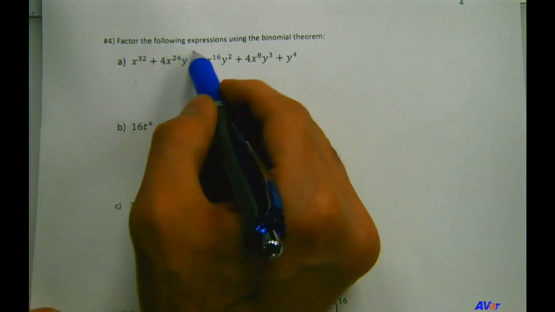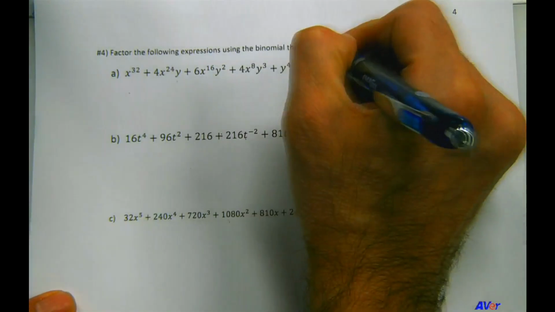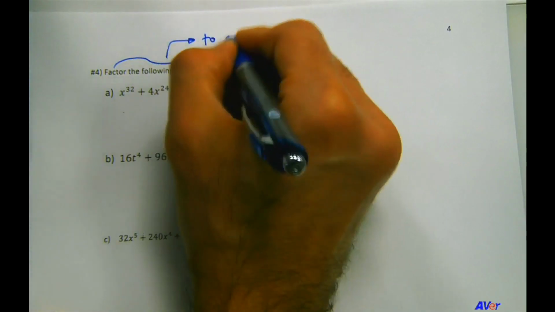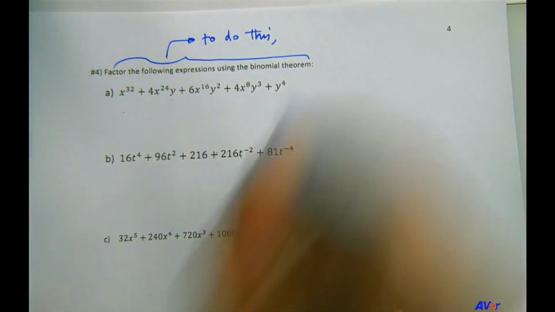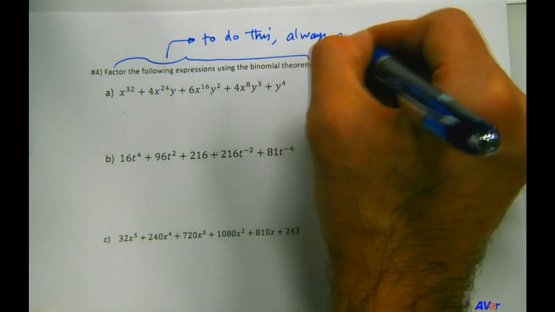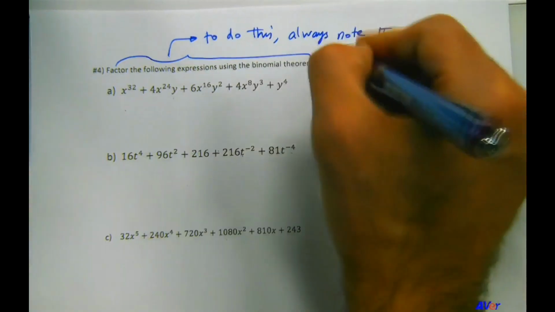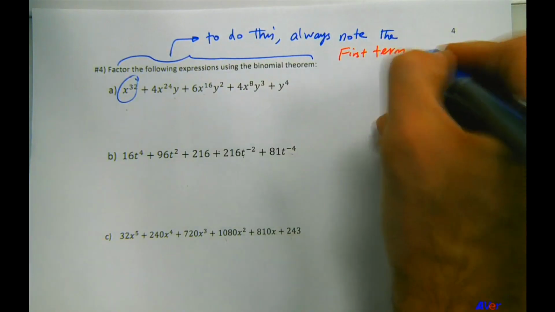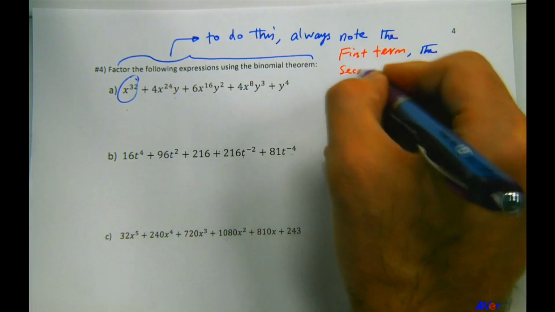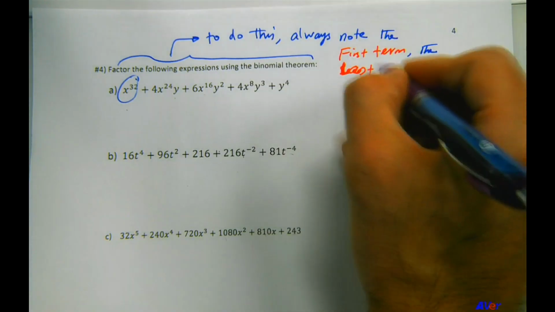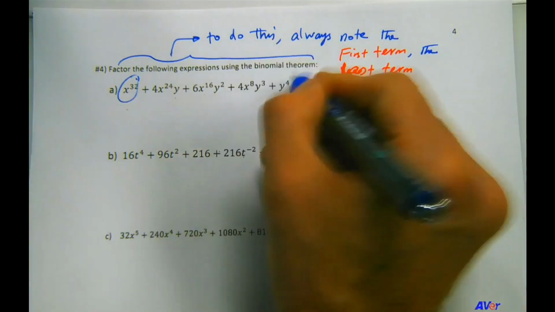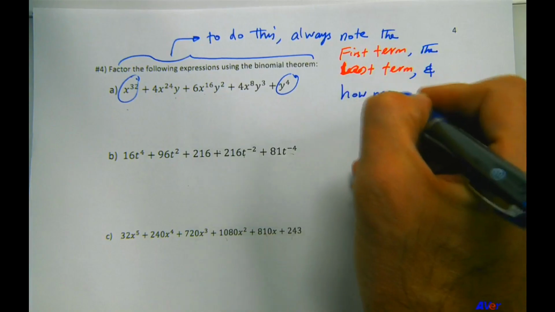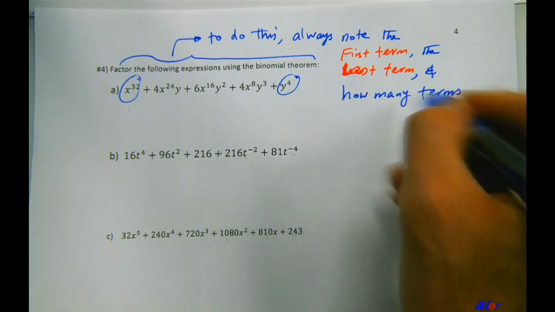When you factor expressions using the binomial theorem, to do this, always note the first term, the last term, which is that one, and how many terms you have.